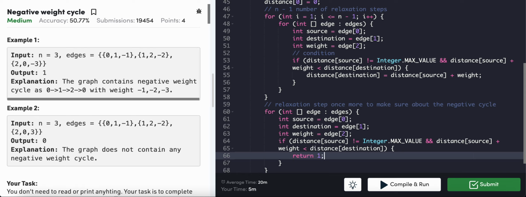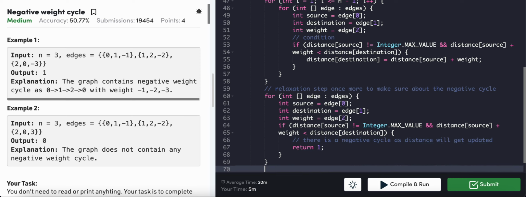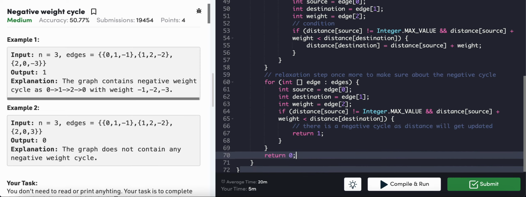So return 1. There is a negative cycle as the distance will get updated. Otherwise we will return 0.